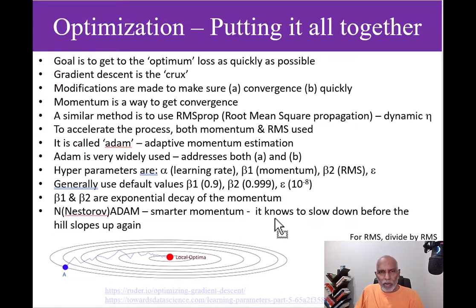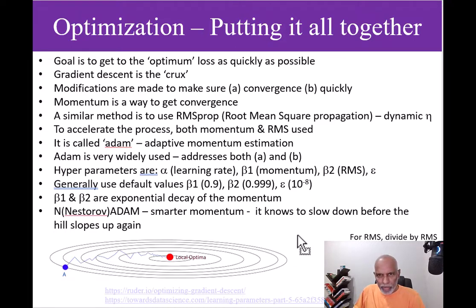To accelerate the process, both momentum and RMS are used. It's called ADAM, meaning adaptive momentum estimation. ADAM is very widely used and addresses both the convergence and how quickly it approaches the lowest loss.